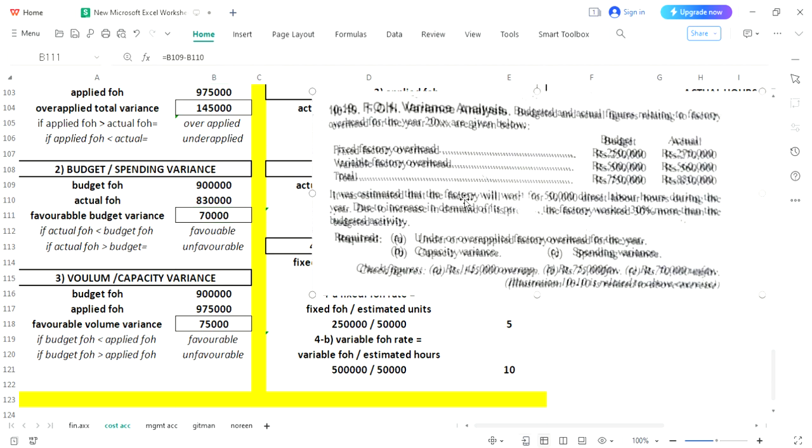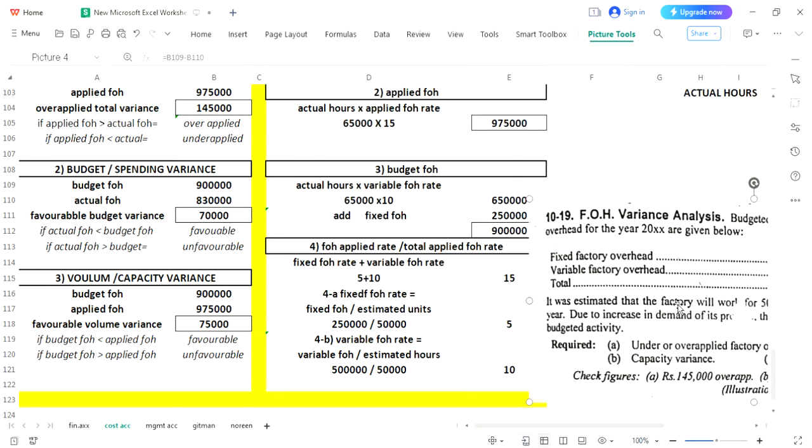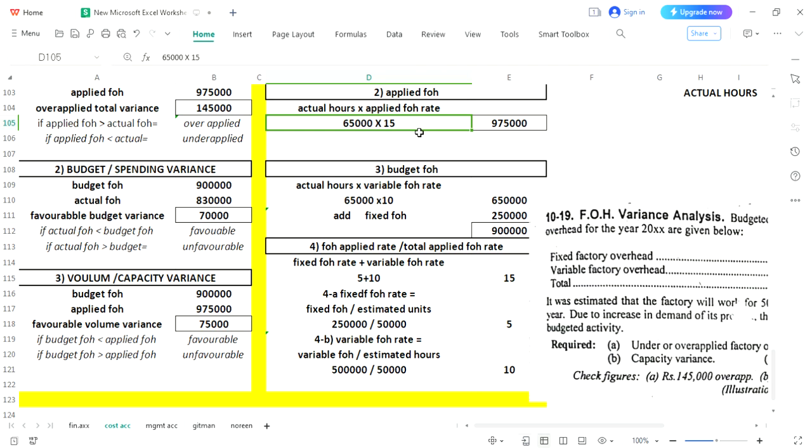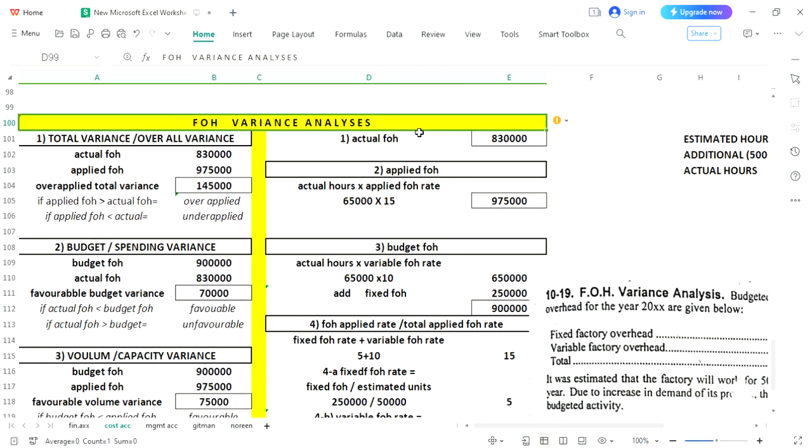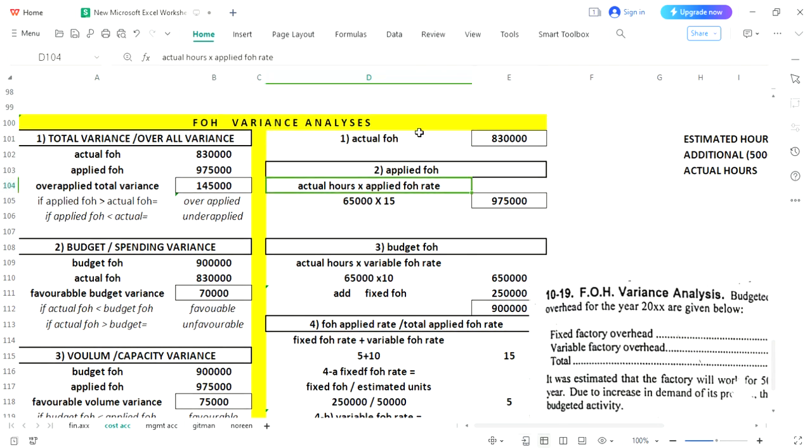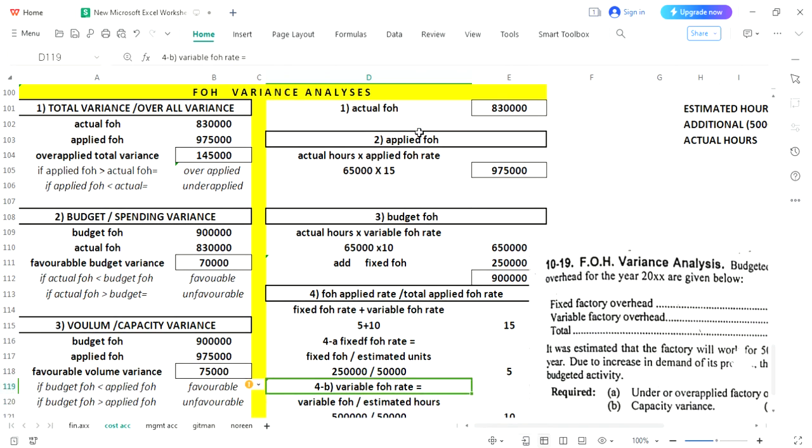Thankfully, we have completed this question with these supporting calculations. One actual FOH was given in the question, then applied FOH formula, budget FOH formula, then FOH applied rate, which was divided into two parts. First part to calculate fixed FOH rate, then second part was to calculate your variable FOH. This way our question has been completed.